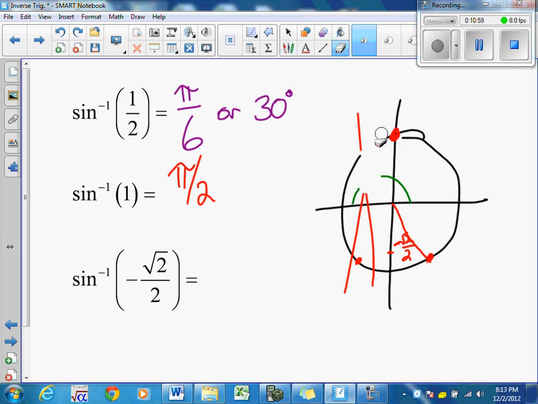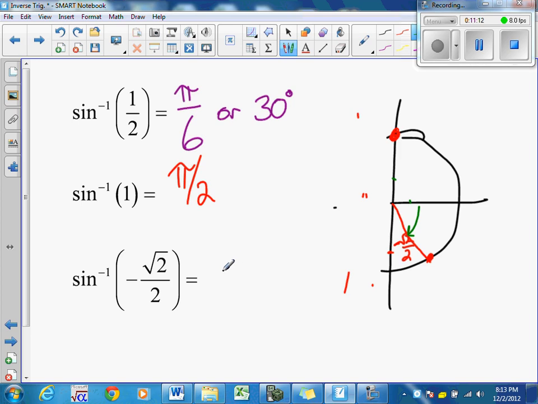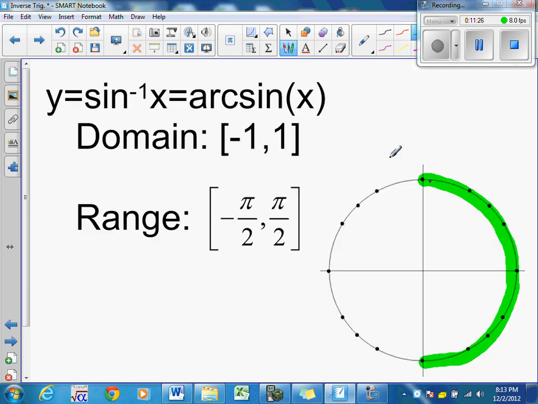Effectively, we want to think of it as this half of the graph doesn't exist. So I can't even go that way around. My only way to get to that angle is to go down, and so my answer is negative pi over 4, or negative 45 degrees. I can't go around. It's only in these two quadrants.